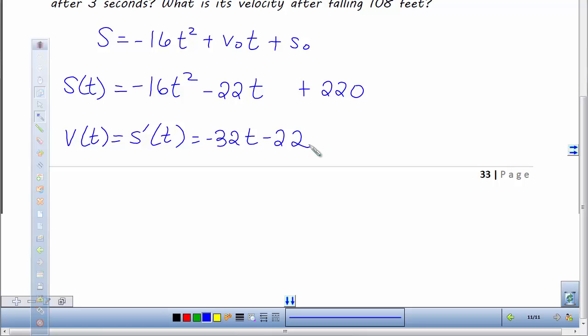Now if I want to know the velocity after 3 seconds, I can say v of 3 is equal to negative 32 times 3 minus 22.